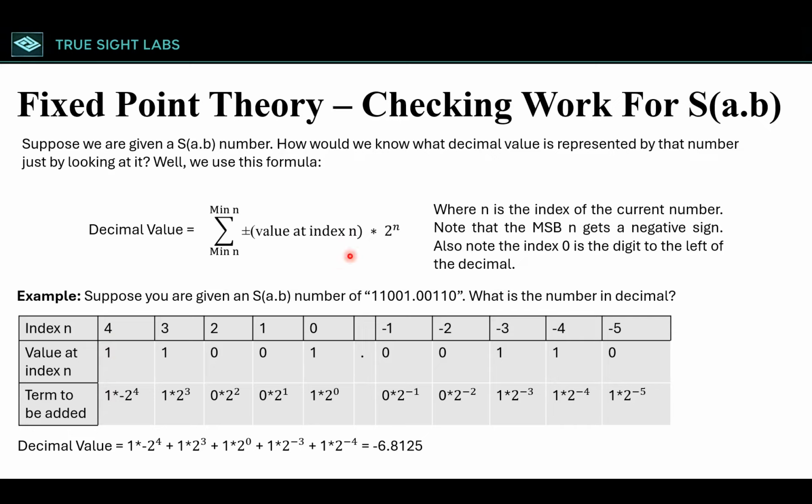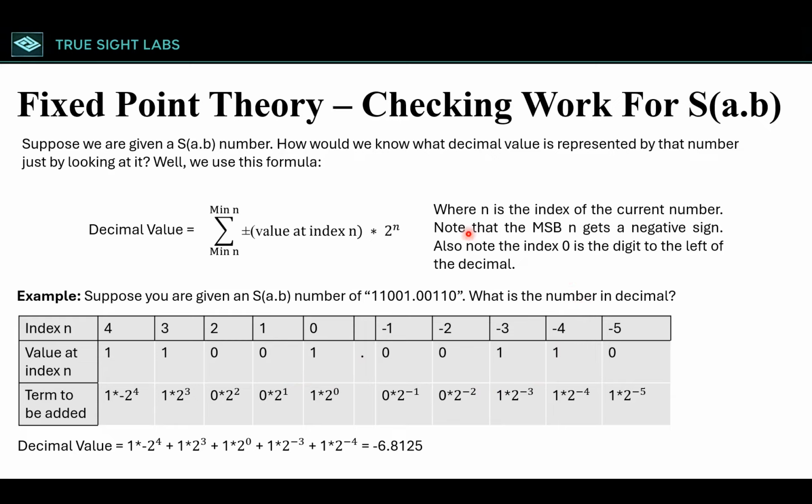So 1 times 2 to the 4, and it's negative because it's the most significant one. And then for 3 and onward, it's just positive. So 1 gets brought down times 2 to the 3, 0 gets brought down times 2 to the 2, 0 gets brought down times 2 to the 1, and so on.